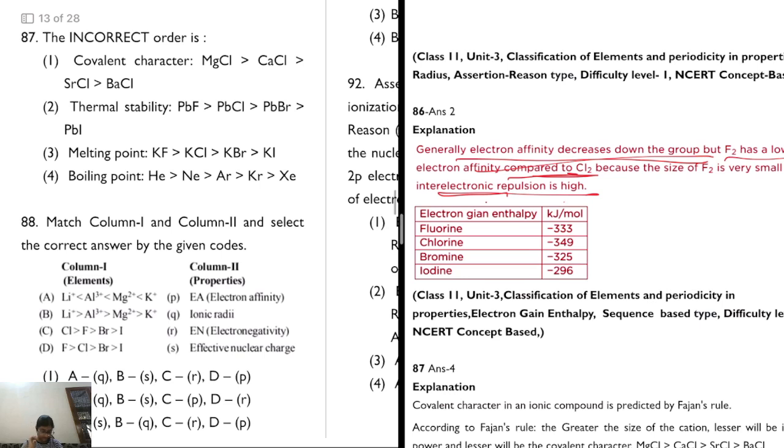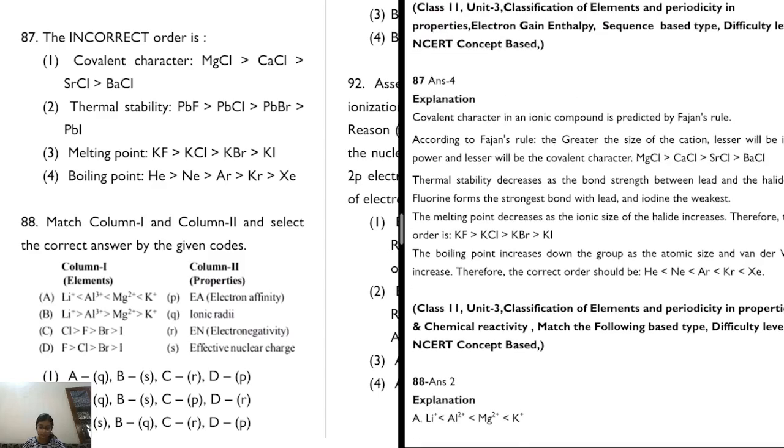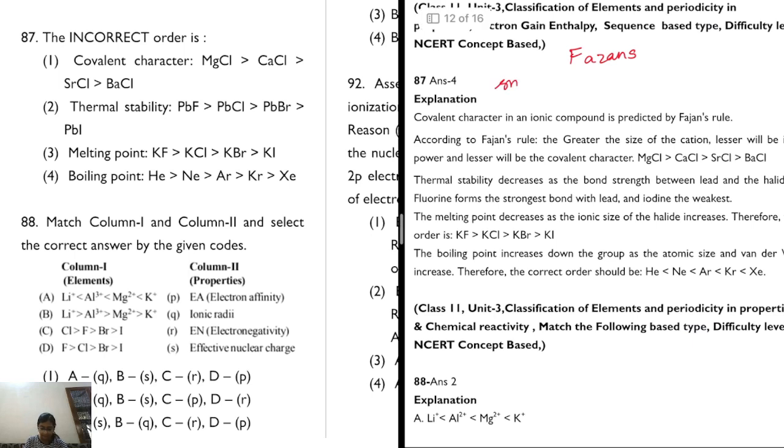The incorrect order is, see, we know Fajan's rule. Whenever you see a covalent character type question, always remember Fajan's rule, according to which the smaller the cation and the larger the anion, the more will be the covalent character.